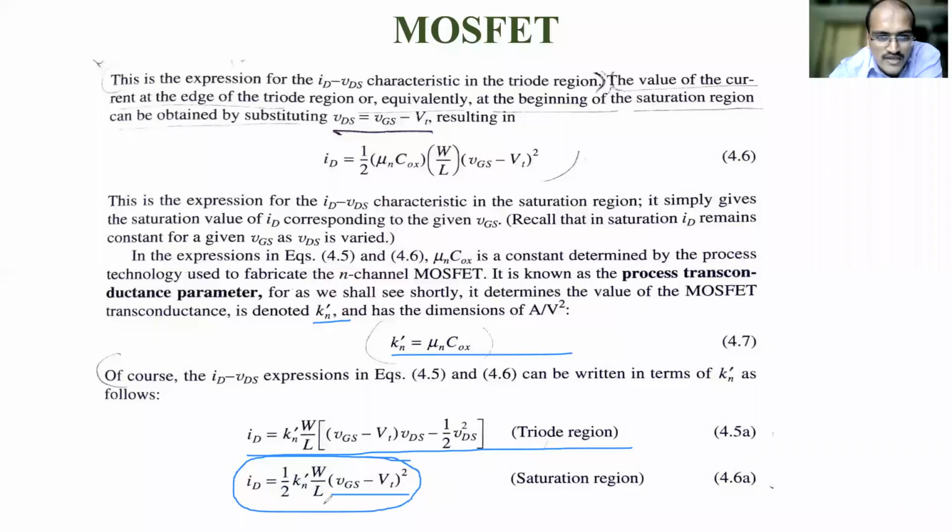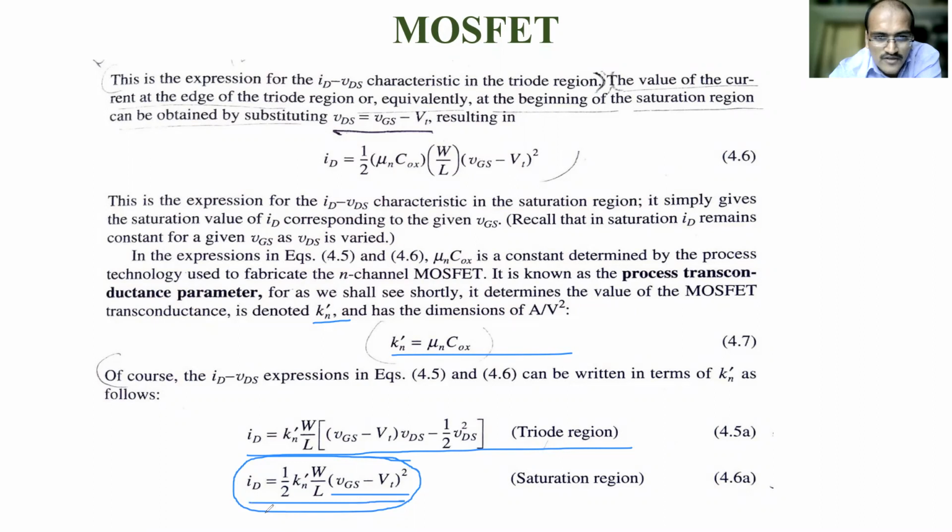Then W by L is the gate or channel width and length. Then Kn dash is the process transconductance parameter given as μn into Cox. Why does the capacitance part come? Because it forms a parallel plate capacitor and an electric field exists there. So because of all this, you got these terms.